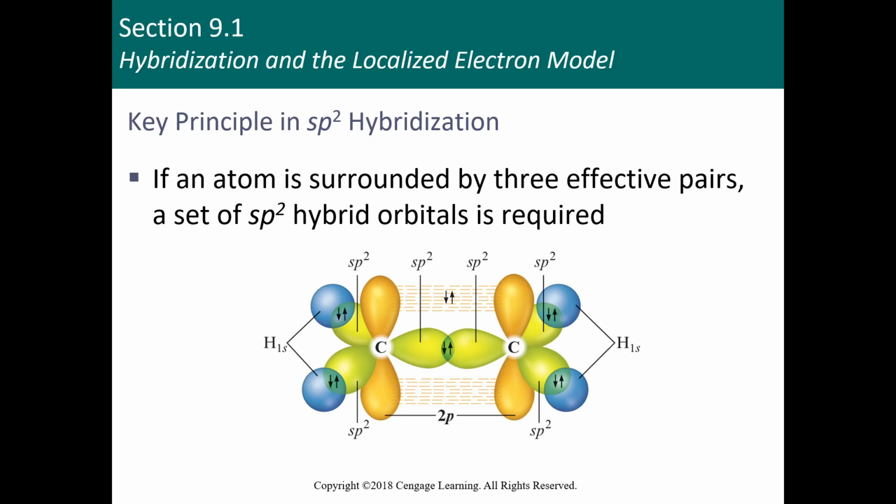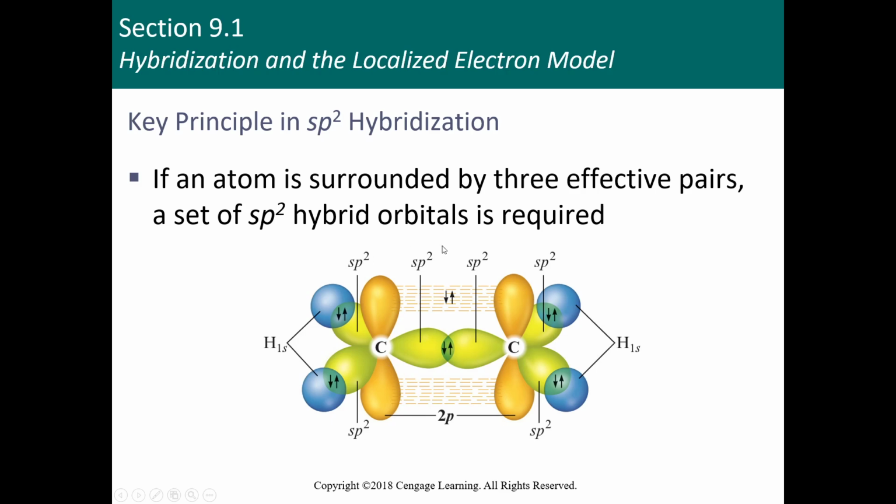All right, so right here is where we start looking at examples of sp2 hybridized atoms and molecules. And so remember, when we talk about the atoms, that is where the hybrid orbitals are being formed and used, okay? The molecules will have atoms that have those hybridizations.